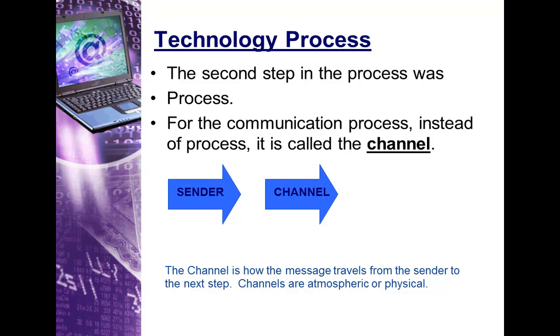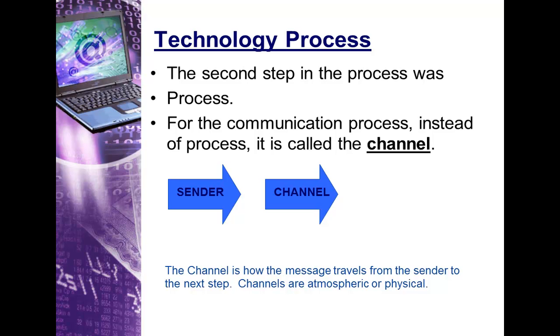Channels can be either atmospheric or physical. Physical would be the actual wires or the cords going to it. For example, the wiring going to your computer, the internet coming into your computer, or the lines on your landline phone at home. These would all be things that would be physical.